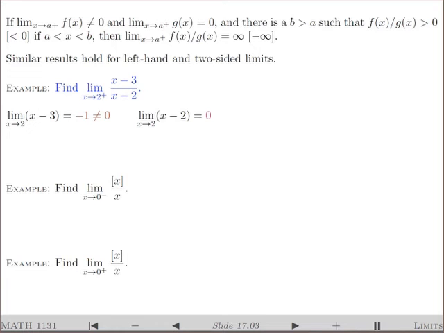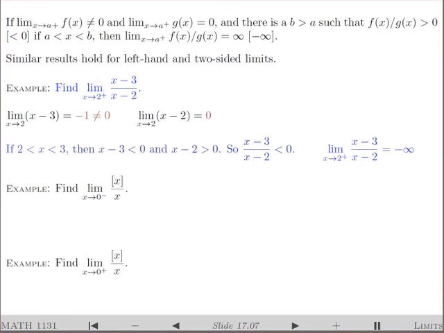Now, if I take any number that's a little bit bigger than 2, in fact, any number between 2 and 3, let's say 2.001, then x minus 3 will be negative because x is less than 3. But x minus 2 will be positive, which means the fraction is negative. This tells me that the limit is infinite and negative, so the limit is negative infinity.